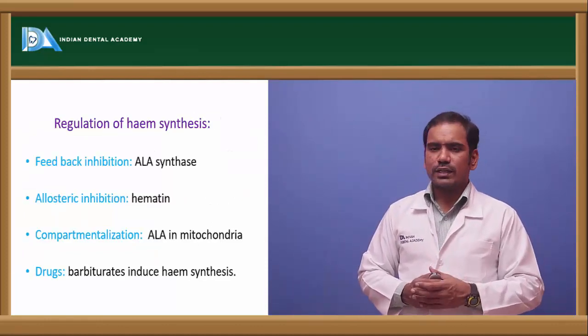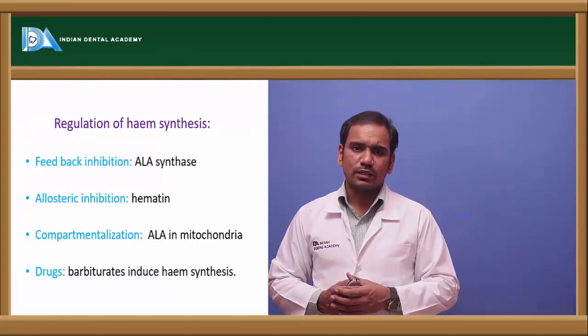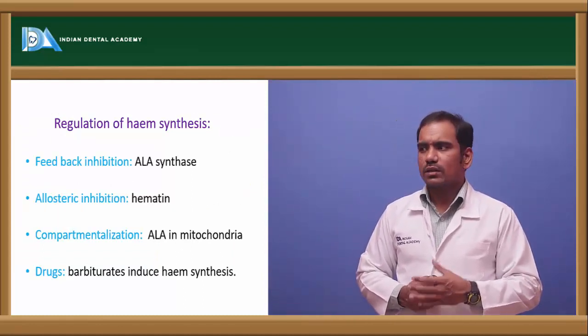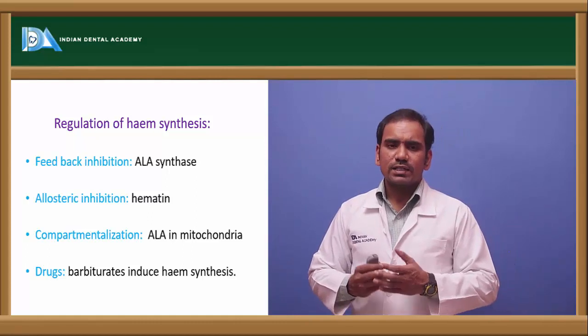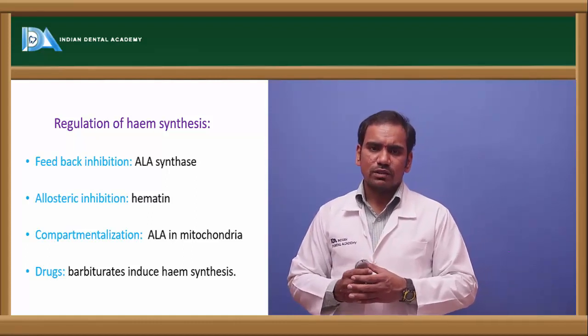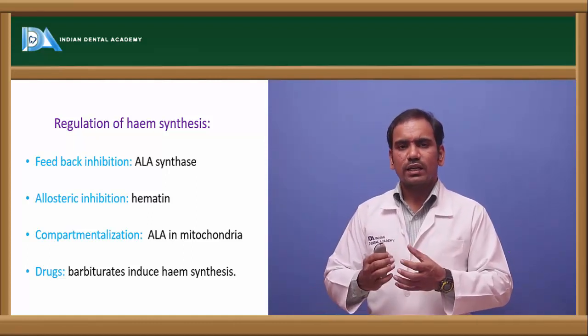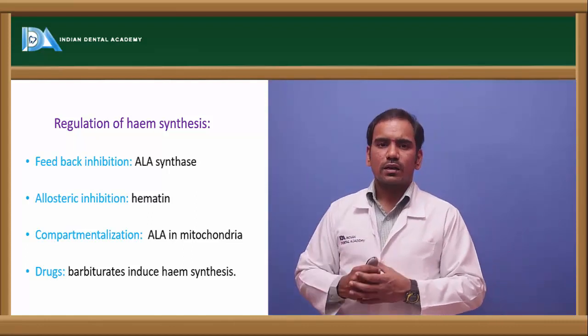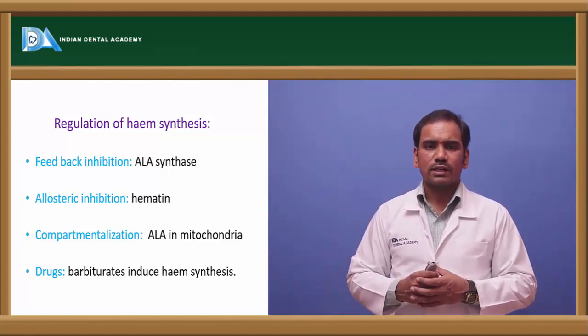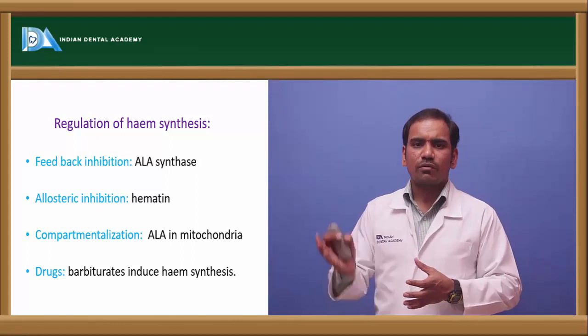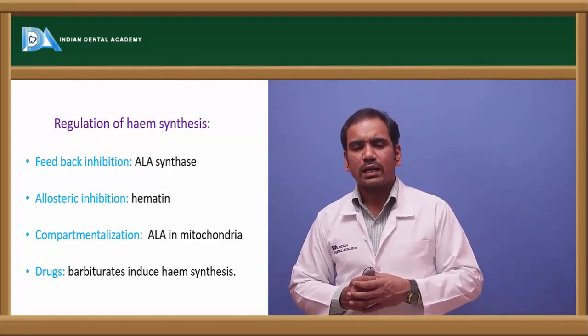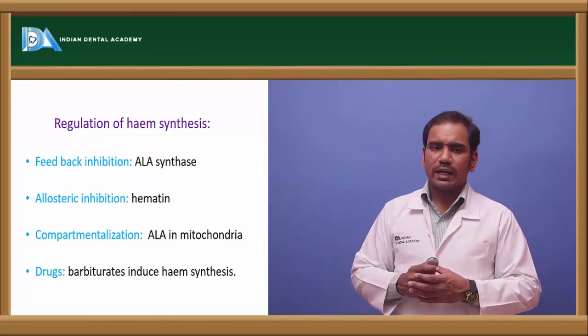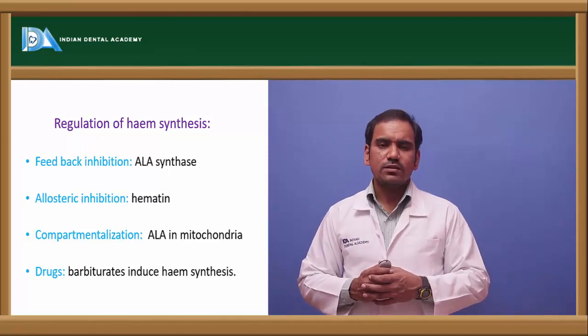Coming to regulation, how is heme synthesis regulated? As we discussed, when sufficient heme is synthesized, that heme inhibits the key enzyme of heme synthesis, ALA synthase. This type of regulation we call feedback regulation. So by feedback inhibition, heme synthesis is regulated.